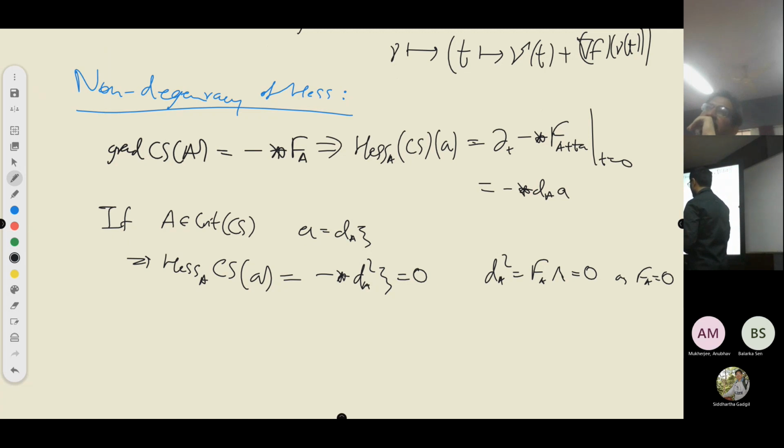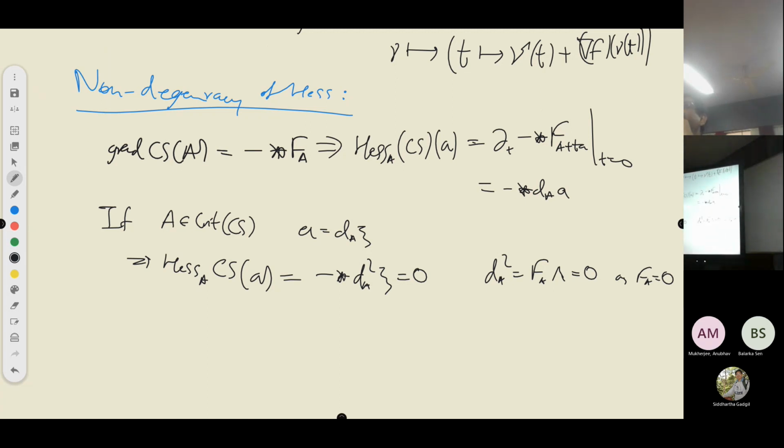So the first observation to make is that the Chern-Simons functional has some symmetry, right? It's invariant under the gauge group action, and this is one instance of the fact that it's invariant under the gauge group.